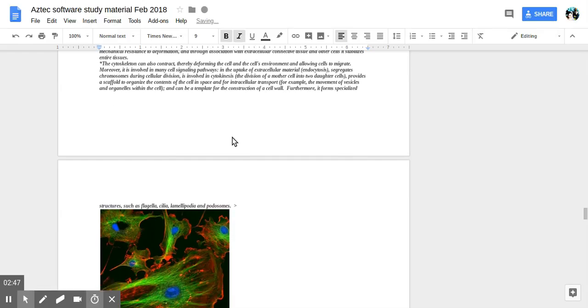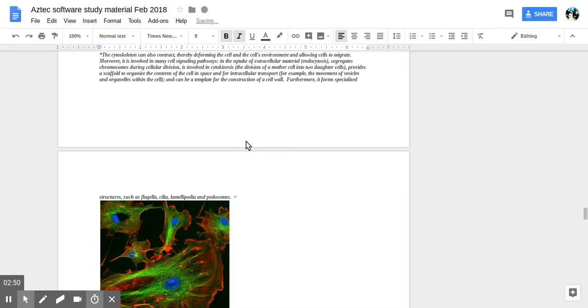The cytoskeleton can also contract, thereby deforming the cell and the cell's environment and allowing cells to migrate. Moreover, it is involved in many cell signaling pathways and the uptake of extracellular material.